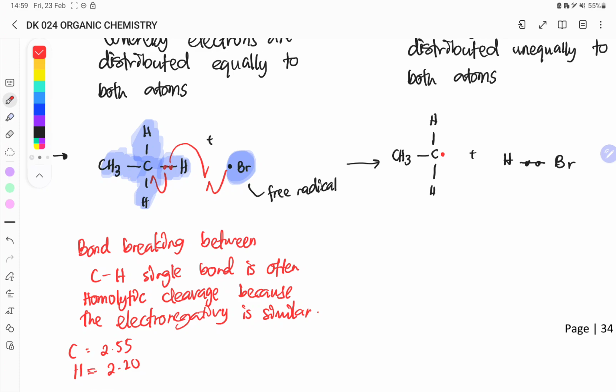Okay, so dekat-dekat je dia punya electronegativity. Perbezaan hanyalah 0.30. That is considered pretty much the same kalau in terms of electronegativity. And because of that, kita akan putuskan melalui homolytic cleavage. So this is an example of homolytic cleavage.